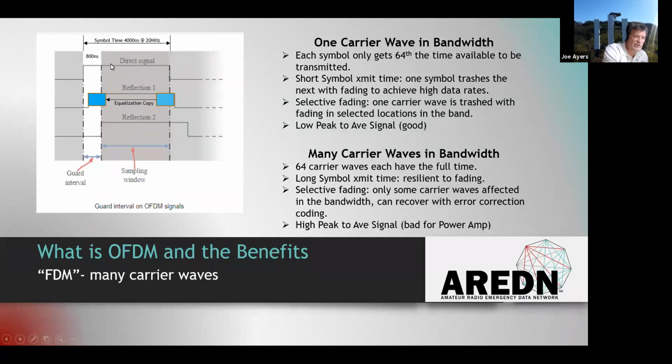So this is the receiver's perspective. If I'm here at the receiver and I start receiving the direct signal, here's the time that the symbol is transmitted, 4,000 nanoseconds. And then I get a reflection path that's slightly delayed.